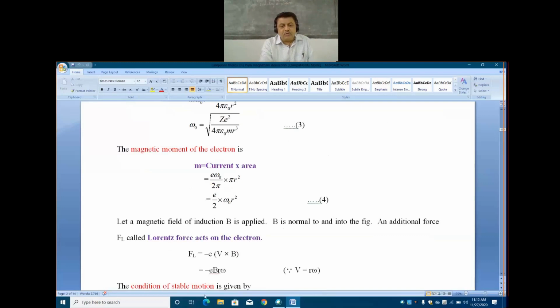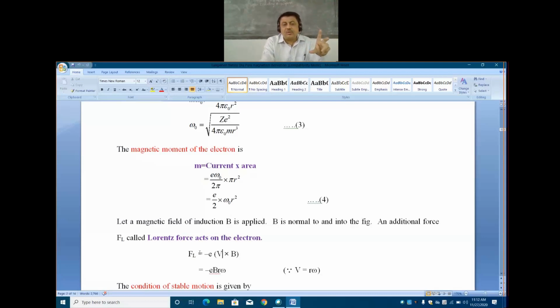This Lorentz force F_L is given by the charge of the electron, minus e, V cross B, where B is the applied magnetic field and V is the velocity of the electron. Minus e V cross B is the Lorentz force which is acting normal to the orbit.